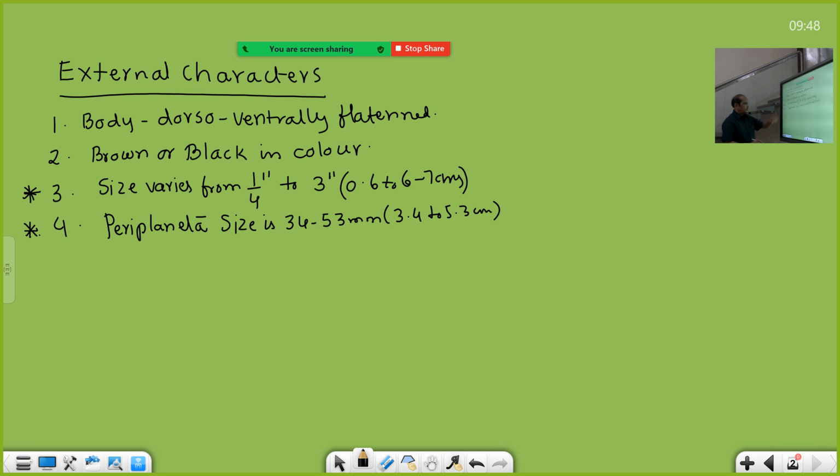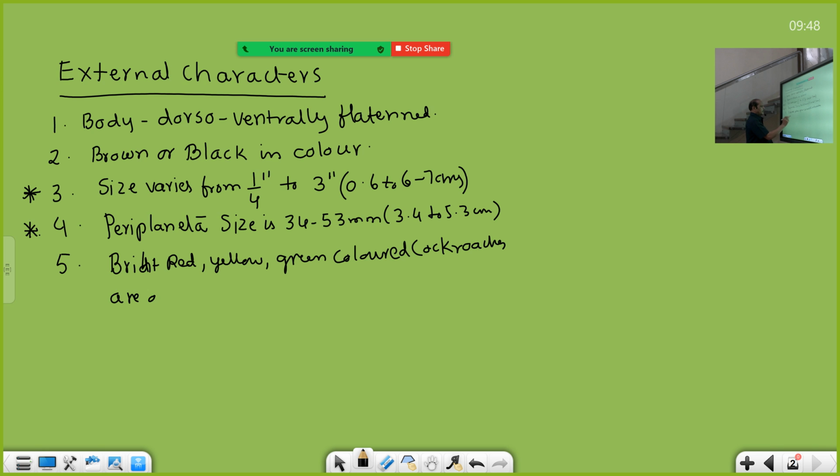Size generally varies like this. And other cockroaches are also there. They are bright red, yellow, and green colored cockroaches in the rest of the world. You should write down: in other parts of the world, not in India.